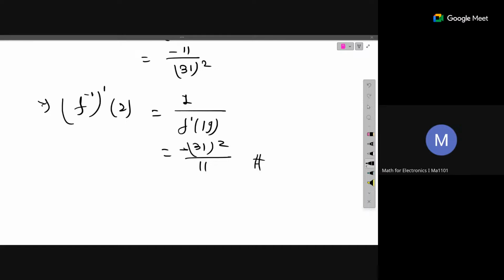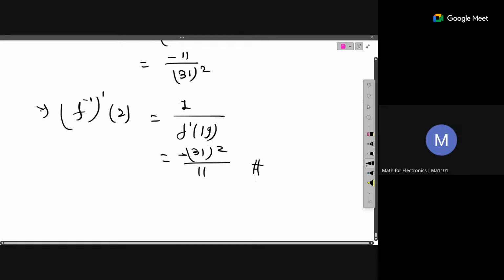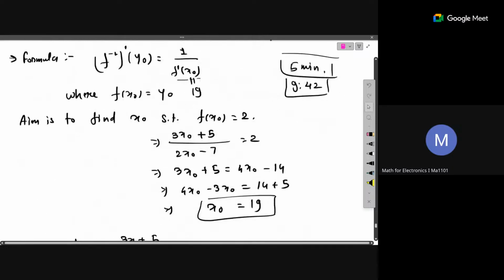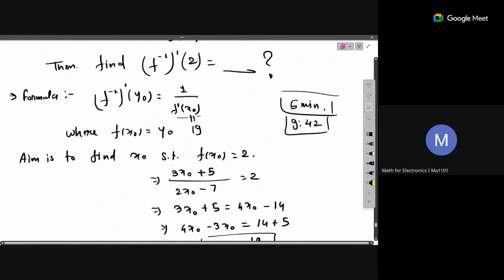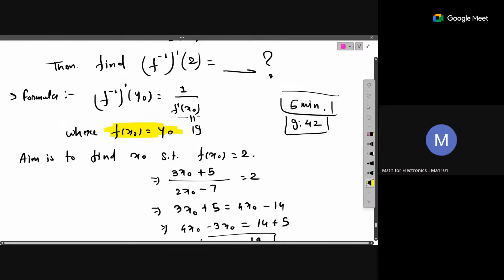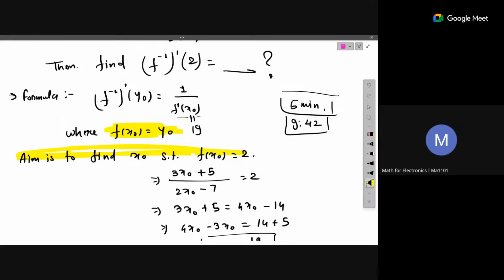So is there any doubt in the inverse function theorem or the derivative? Actually, I had no idea that it would come out this complicated, but the method you should know. This is your first step: finding x naught, aiming to find an x naught in such a way that f of x naught is equal to 2.